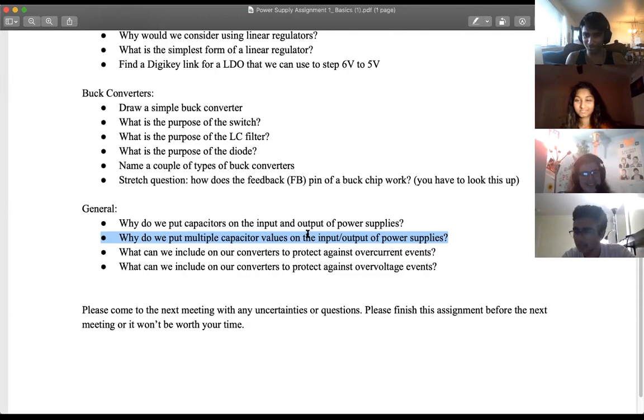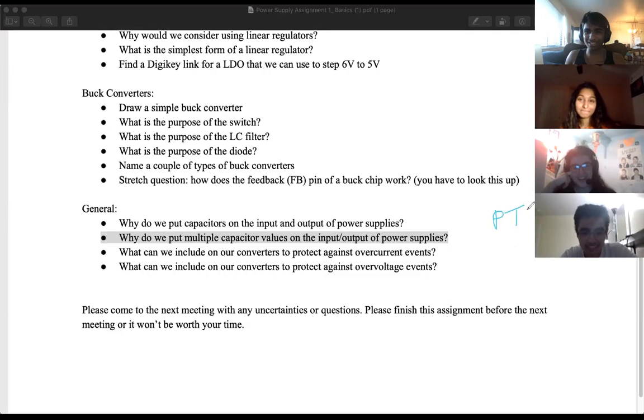EMI. I'm saying the inductor counteracts the current spikes, and then it creates EMI. I mean, yes, but no. Does it start with an H? No.